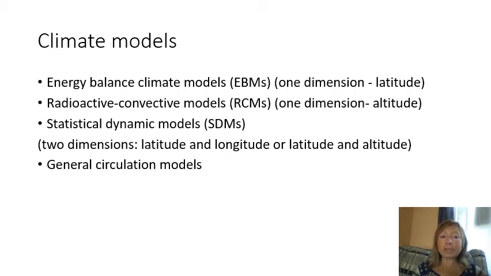Another example of simpler climate models are statistical dynamic models, the SDMs, that can also be very useful for understanding statistical relationships between different climate variables. None of them is an equivalent of AOGCMs. So these models are very interesting and they all have their uses.